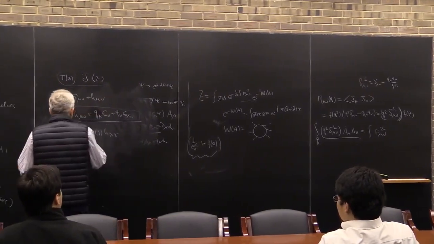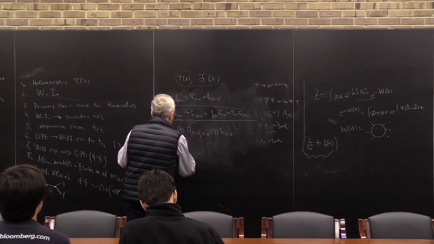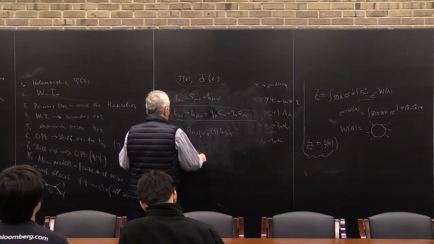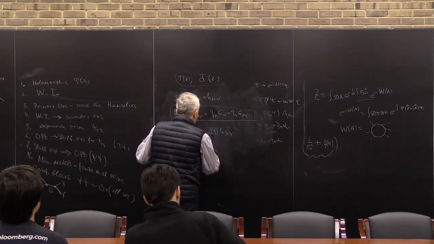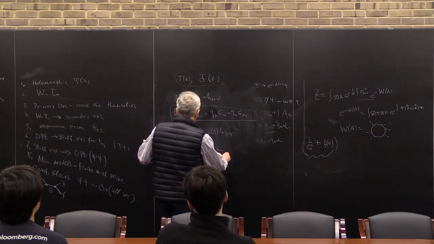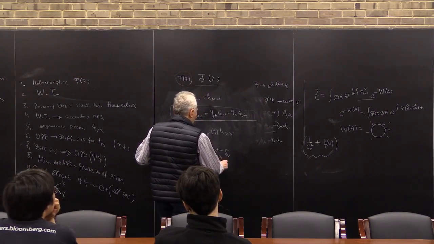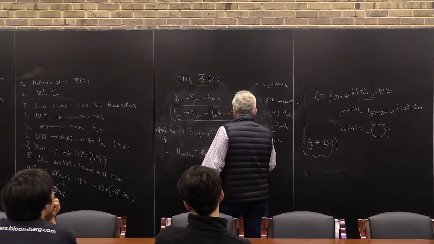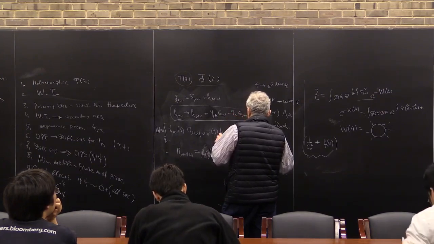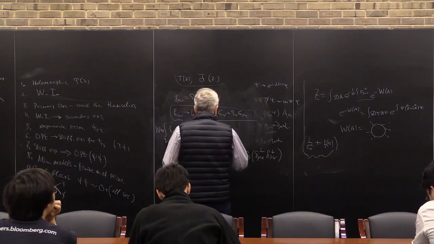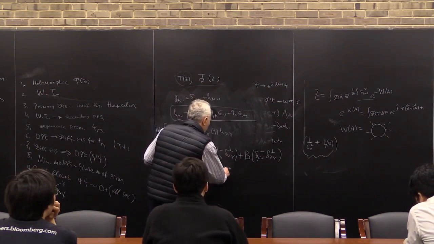For instance, for this piece we can take A of q squared, delta mu lambda perpendicular, delta nu gamma perpendicular, plus B of q squared, delta mu nu perpendicular, delta lambda gamma perpendicular, plus the symmetric part, where we interchange mu and nu.